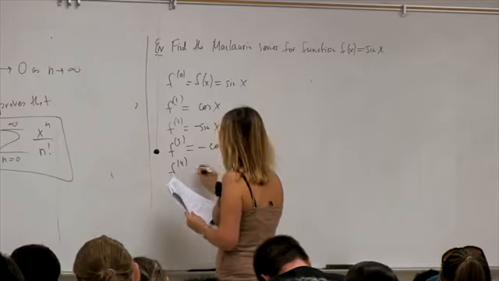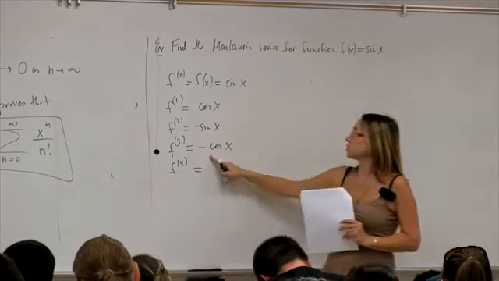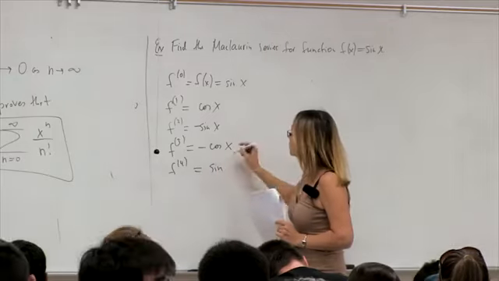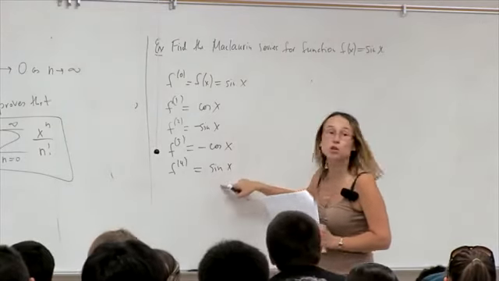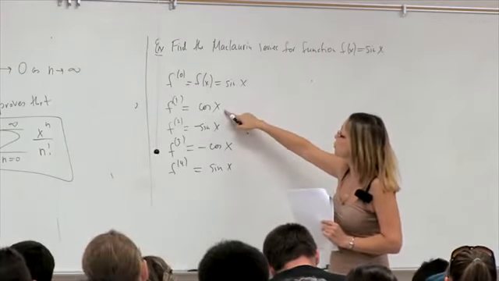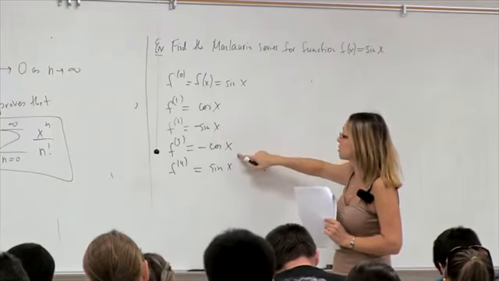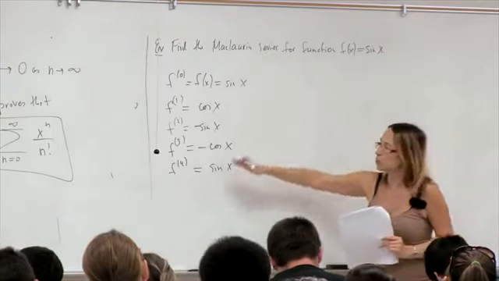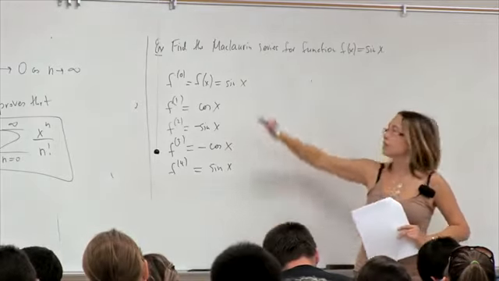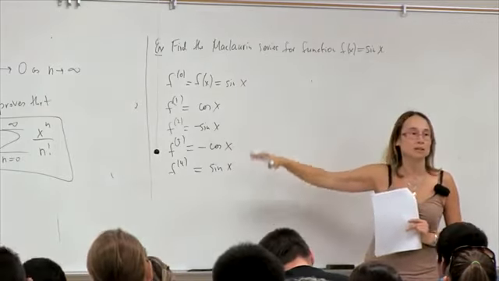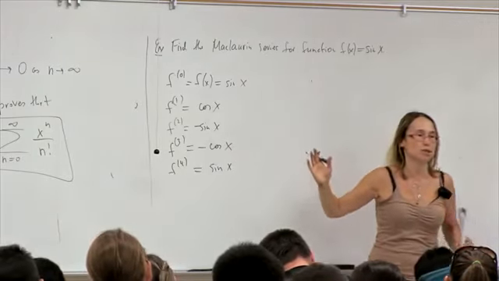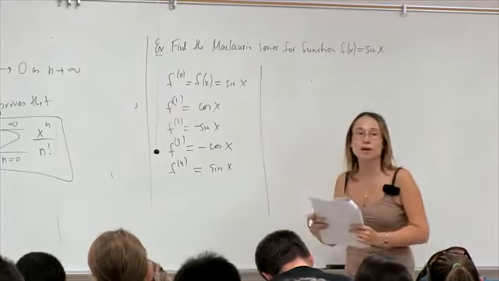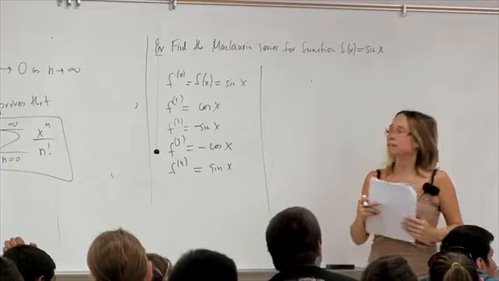The fourth, what is the derivative of minus cosine x? Sine x. And you can see that this closes in a circle. So we go from sine to cosine to minus sine to minus cosine, and then back to sine, and it repeats. So as we do it for an infinite number of derivatives, we're going to have this repeating cycle. So there are going to be no other functions, just these. Okay? Here, I don't need these for any x. I need to evaluate them at x equals 0.